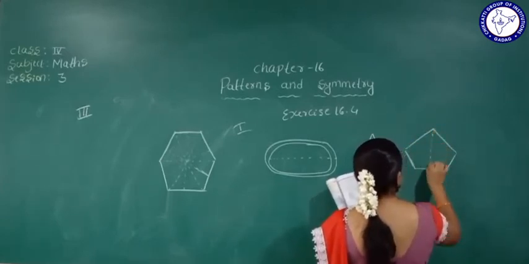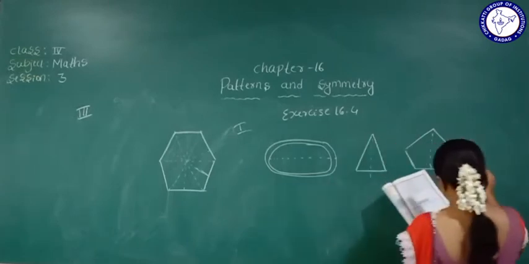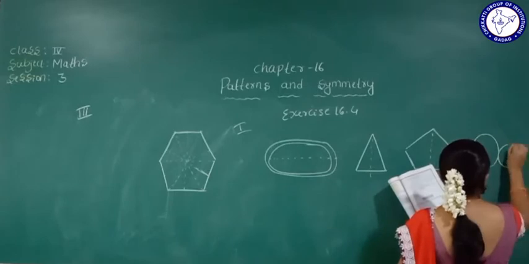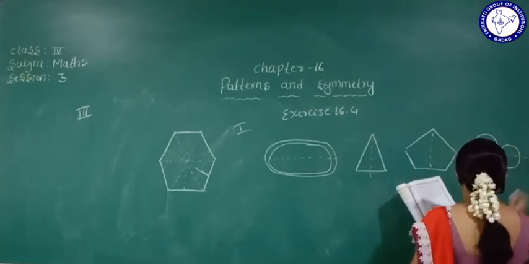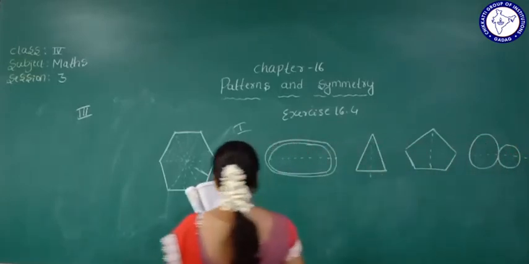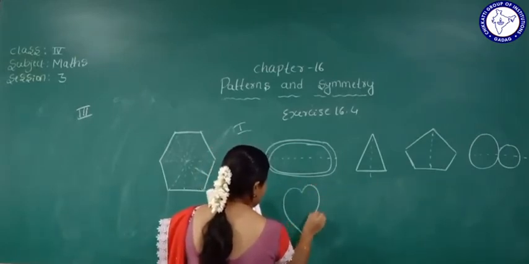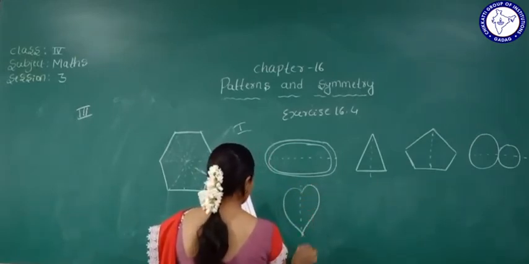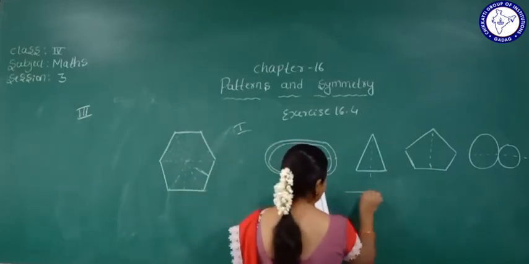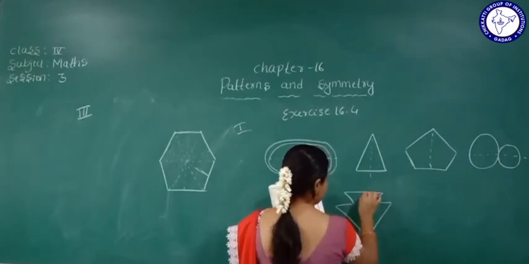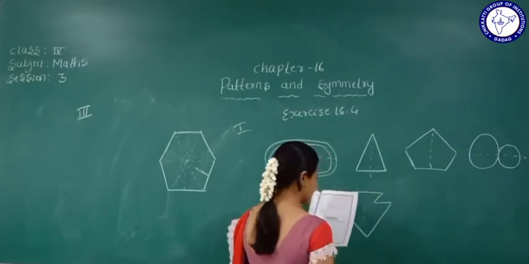Yes, we can see the symmetry. Next, this is a circle, see the symmetry. Next, here see, this is the symmetry, and the next shape like this, so it's a symmetry.